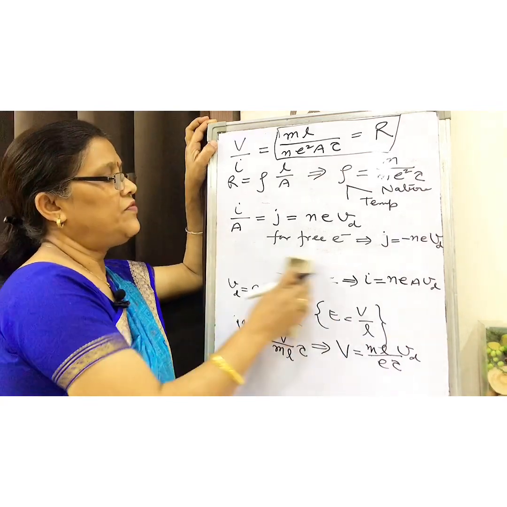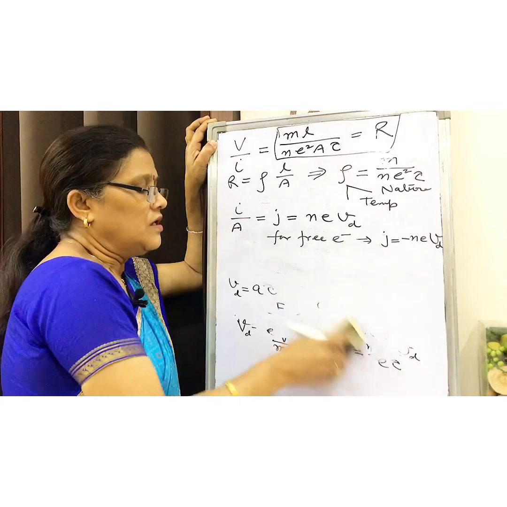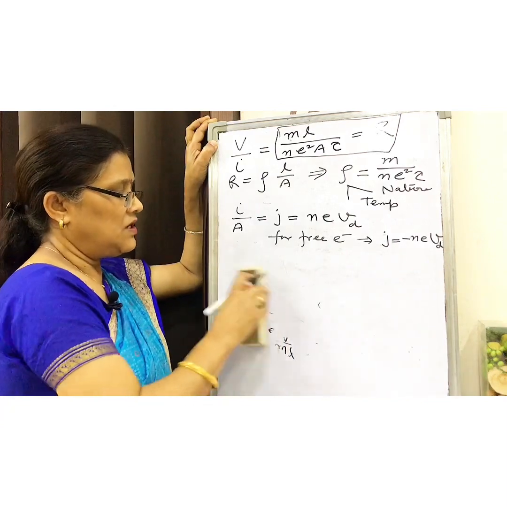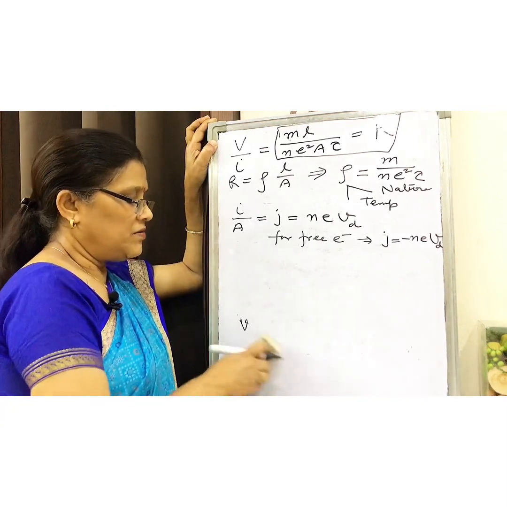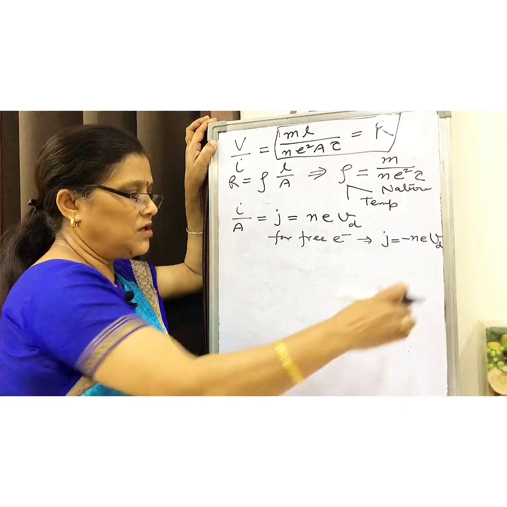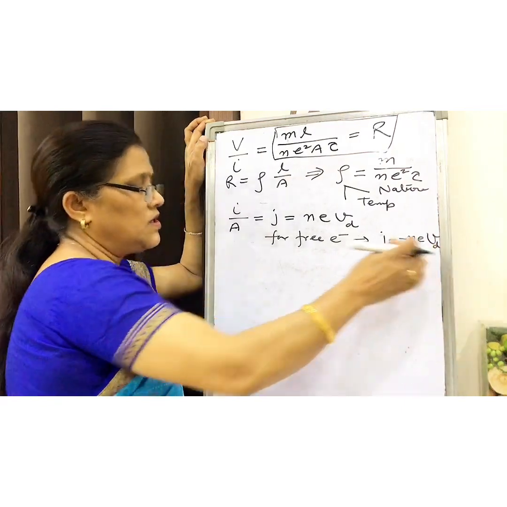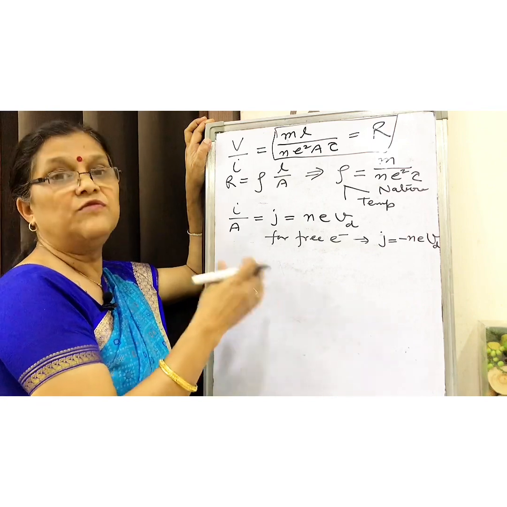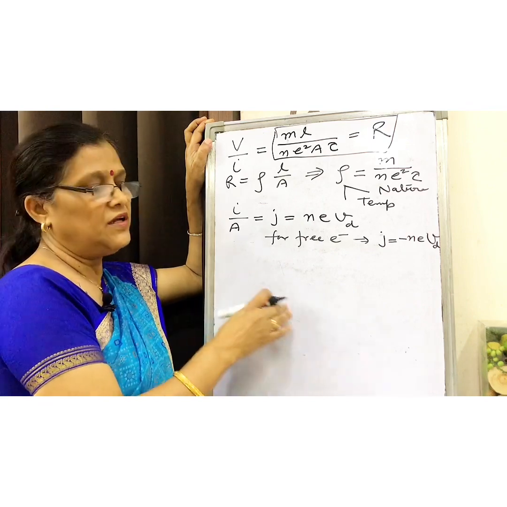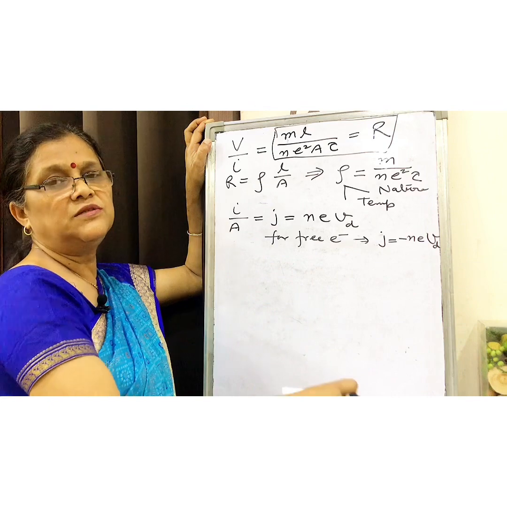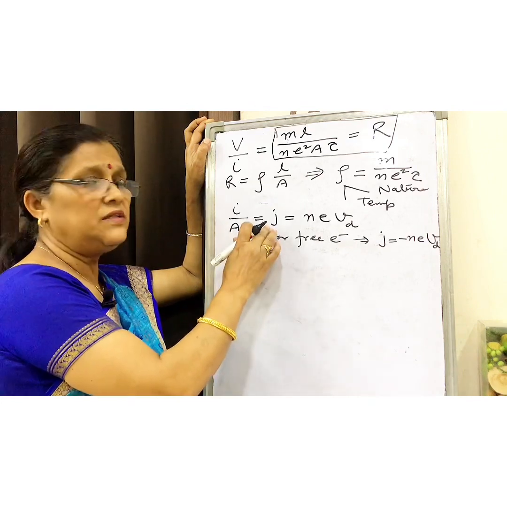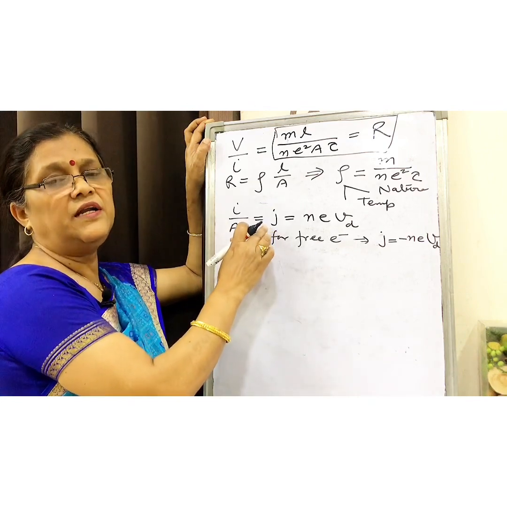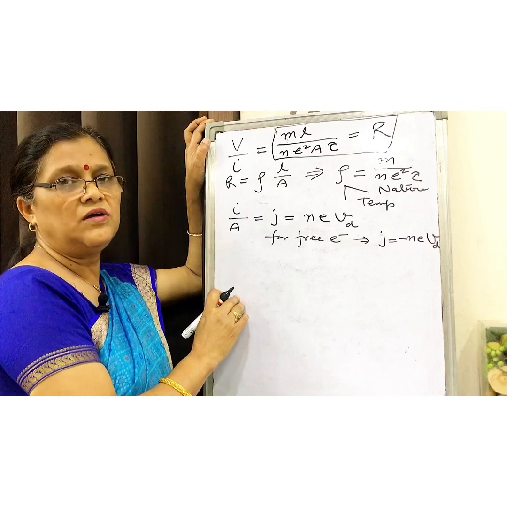Now, if resistivity is known, then how can you write resistivity in terms of current density and electric field? Inverse of resistivity is conductivity. So, there is a relation also in between current density and electric field. How?